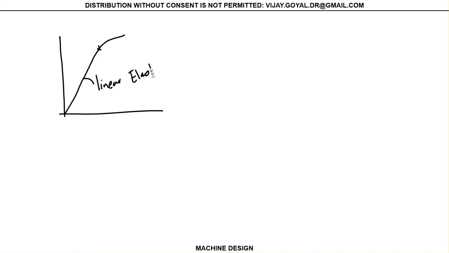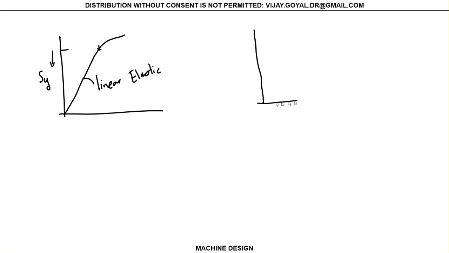I am saying you can have a problem in which it's completely linear, so your material behaves from here to here only. This is linear elastic because your curve is linear and it's elastic. Typically, we say it's elastic if it's below your sigma yield.